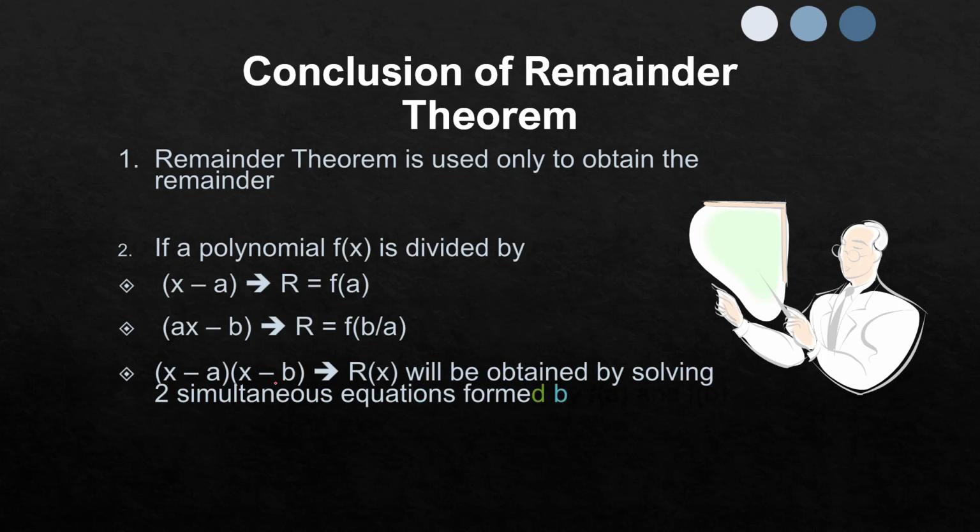When you have a quadratic divisor, your remainder can be obtained by solving two simultaneous equations formed by f(a), substituting x = a for the first factor, and f(b), substituting x = b, into the identity.